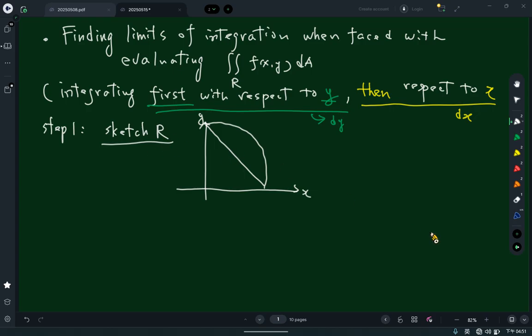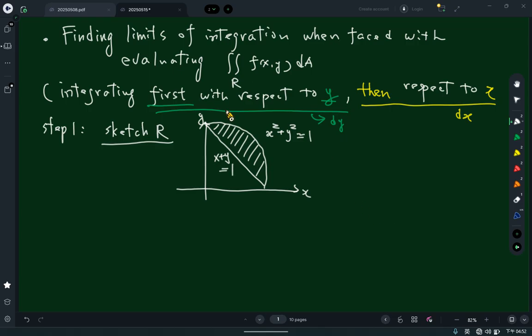In this case, it is enclosed by x squared plus y squared is equal to 1. So actually it's a unit circle, but we just focus on the first quadrant. Okay, then given the second curve is x plus y is 1.